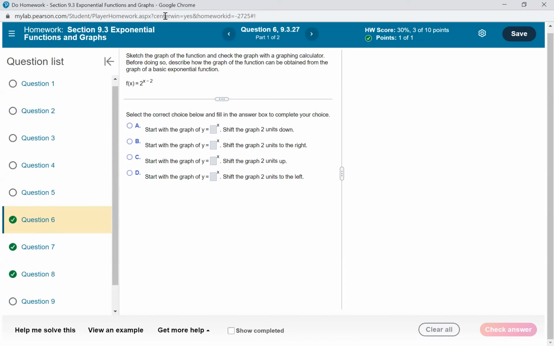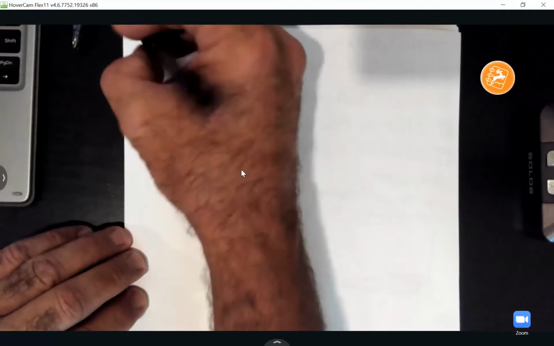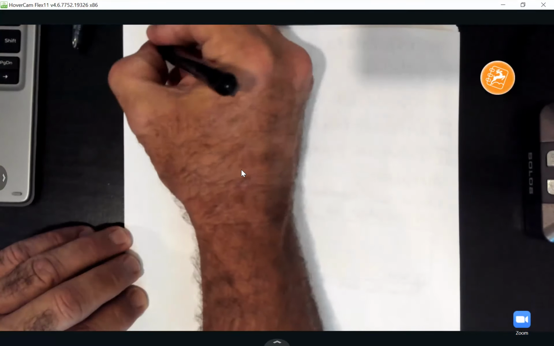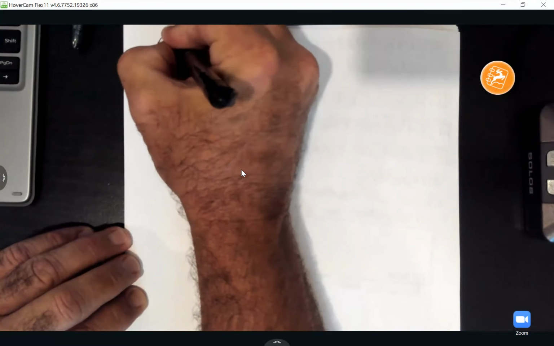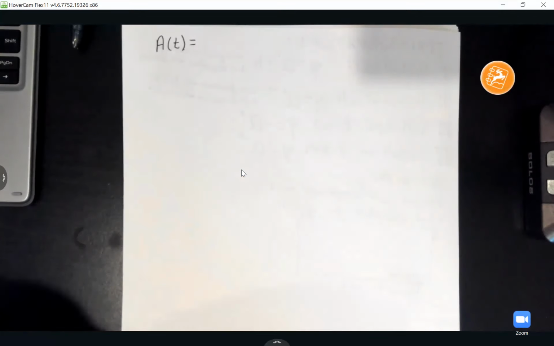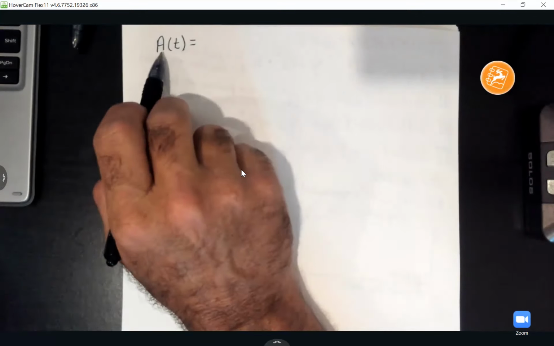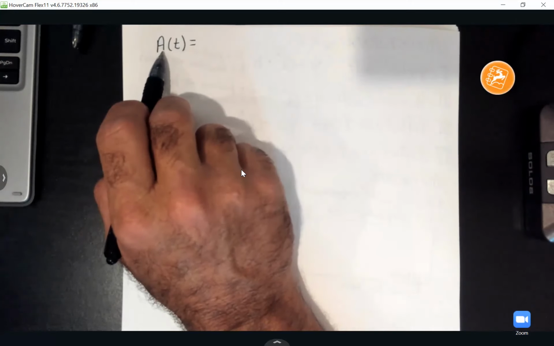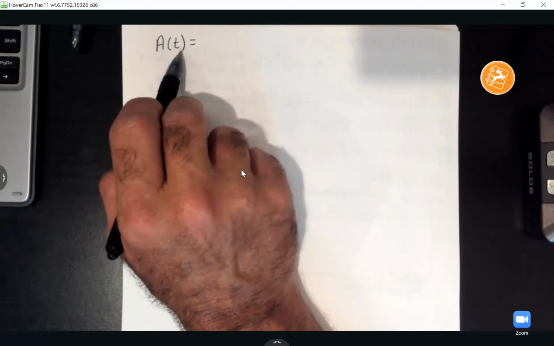And we're going to play with an exponential type function. So this formula I'm about to show you, A of t. If I was to invest money, this would show me how much or the amount of money I would have in my account at any time t.